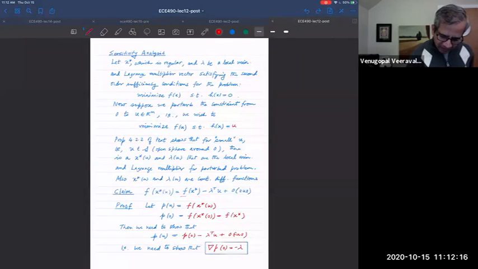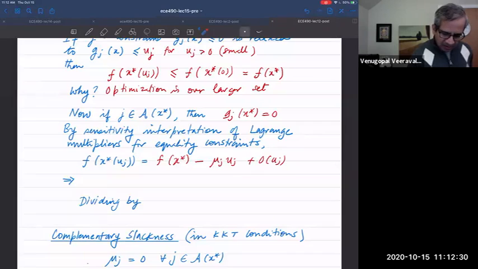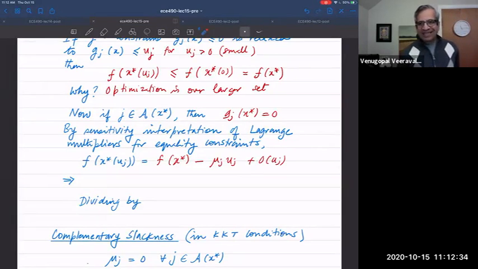There we actually perturbed all the u's, but suppose we just perturbed Uj, then this would be just replaced by lambda j times Uj. Of course, now we are considering an inequality constraint that's active, so we have a mu j here instead, right? So it's mu j times Uj.